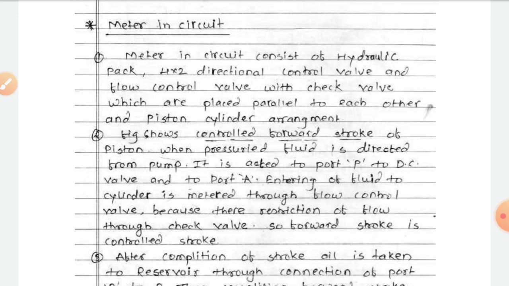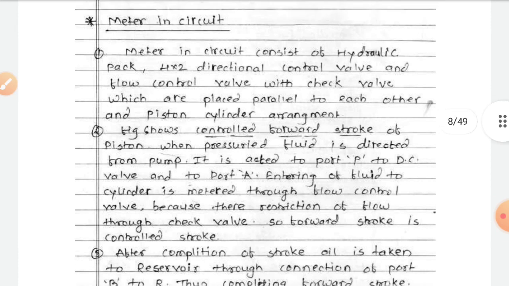Figure shows controlled forward stroke of a piston when pressurized fluid is directed from pump to port P of DC valve and to port A. Entering of fluid to the cylinder is metered through flow control valve because there is restriction of flow through check valve. So forward stroke is controlled stroke.